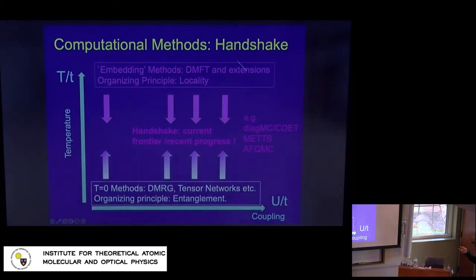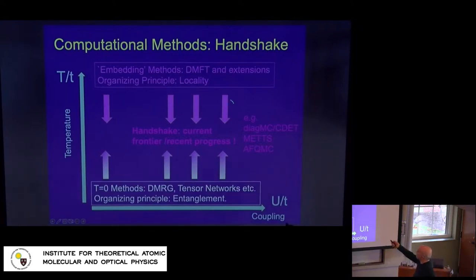There's another class of methods that, instead of using entanglement as the guiding principle, use a different guiding principle, which is the notion of locality. If you go to high temperatures, things are quite local, correlation lengths are small, and you can proceed from there by making increasingly refined approximations as you go down in temperature and your correlation lengths grow. And this is the root of all methods based on dynamical mean field theory and its extensions, broadly defined quantum embedding methods.